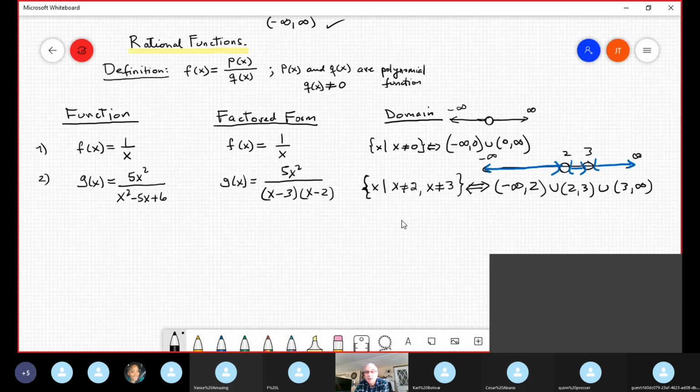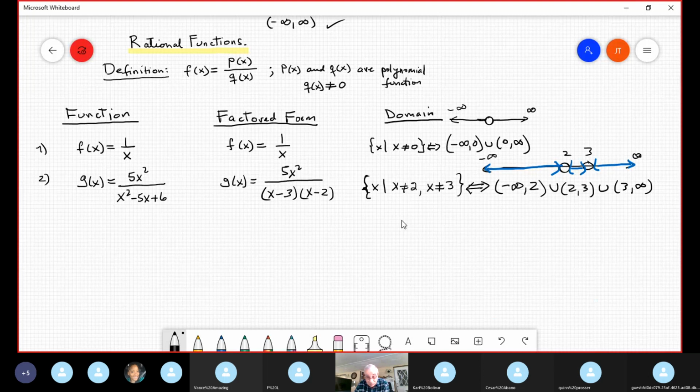But the most important is this new function that we are studying, the name is rational function. It's a little bit more complicated because the domain is not all real numbers like a polynomial. It's very picky, very sophisticated, very complicated.